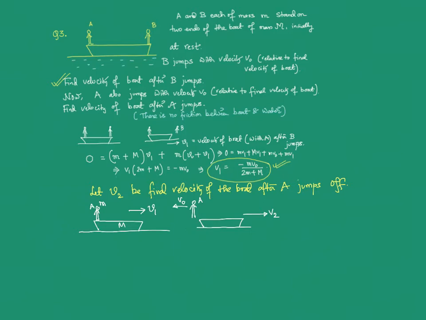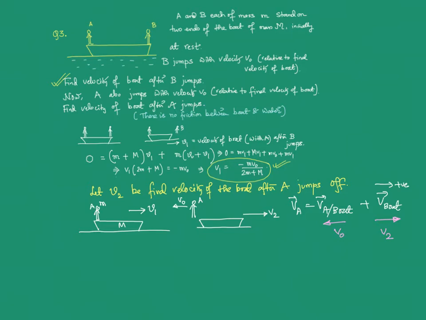So by relative velocity, velocity of A is velocity of A relative to boat plus velocity of the boat. Now I'll draw the vectors. Final velocity of the boat is v2, this way. Velocity of A relative to the boat is v naught. Let's take this as the positive direction.